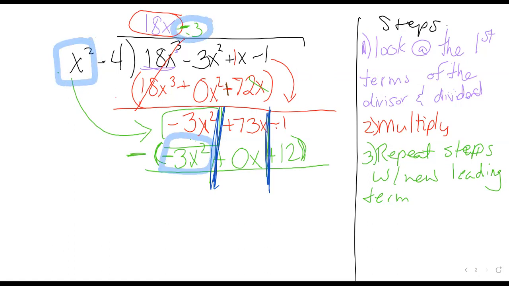Then I write in the 0 because I don't have an x, and I then multiply negative 4 times negative 3. And then a negative and a negative give me a plus, and then 3 times 4 is 12. Okay? So that being said, now I can go ahead and combine my terms. So step 4 was combine.